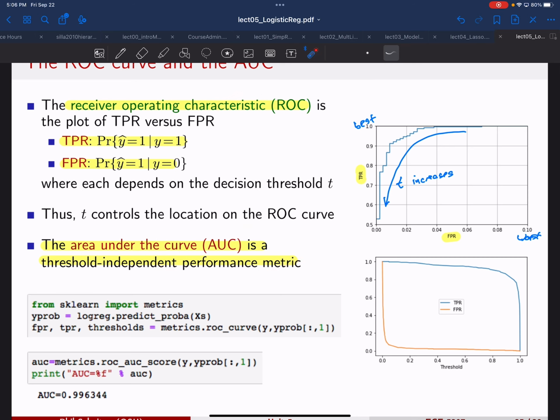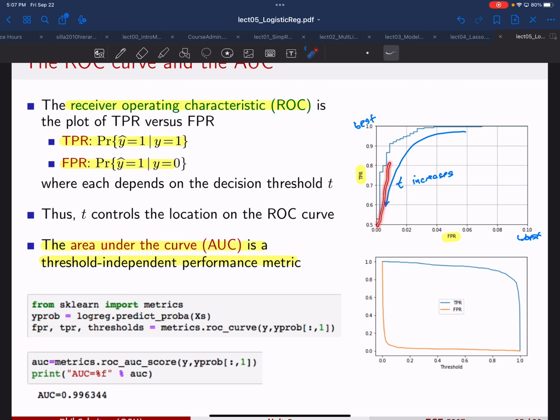And how you do this in scikit-learn is pretty straightforward. In that log reg method, there is a predict probability, which gives you soft outputs on your training samples. And then with metrics.roc_curve, you can compare the true labels to your predicted probabilities, and it will give you the false positive rate, the true positive rate, and thresholds.